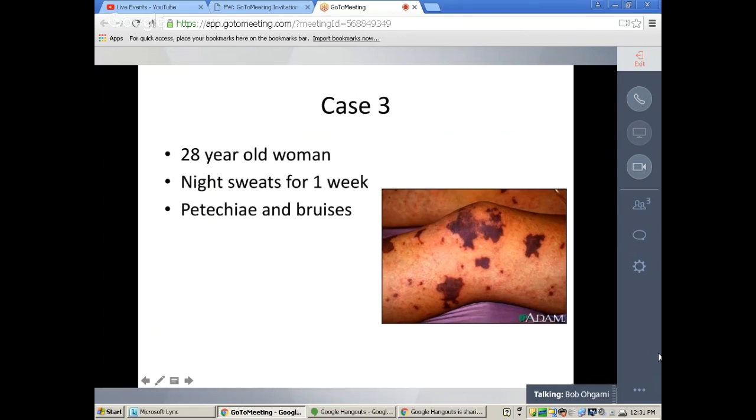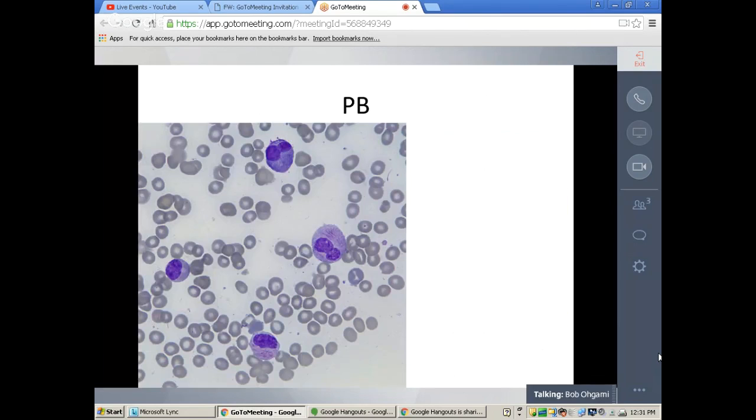So let's move on to a different case and continue to build our knowledge of the 2016 WHO and other categories in it. Case number 3 is a 28-year-old woman who has had night sweats for a week, petechiae, and bruising. A clinical blood smear is performed, and you can see that there are abnormal cells.